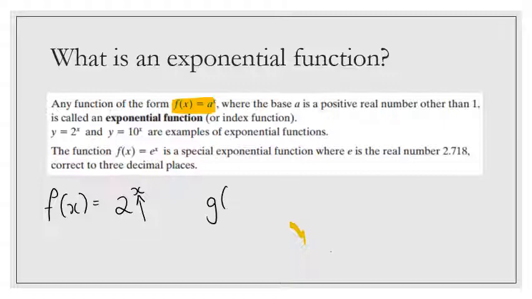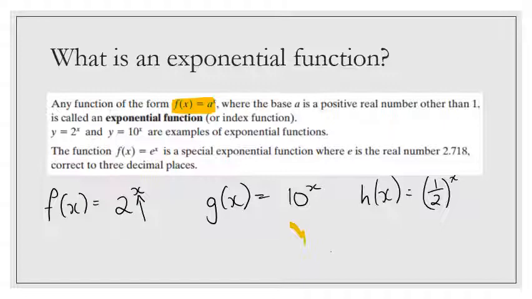You could also have something like 10 to the power of x, or half to the power of x. These are all examples of exponential functions. The function f of x equals e to the power of x is a special exponential function where e is the real number 2.718, corrected to 3 decimal places.